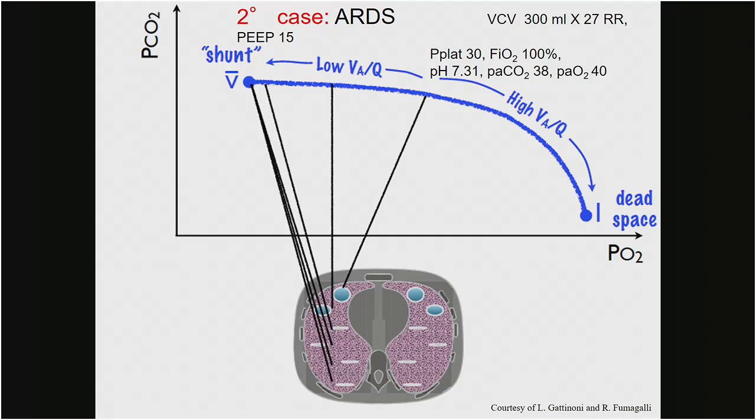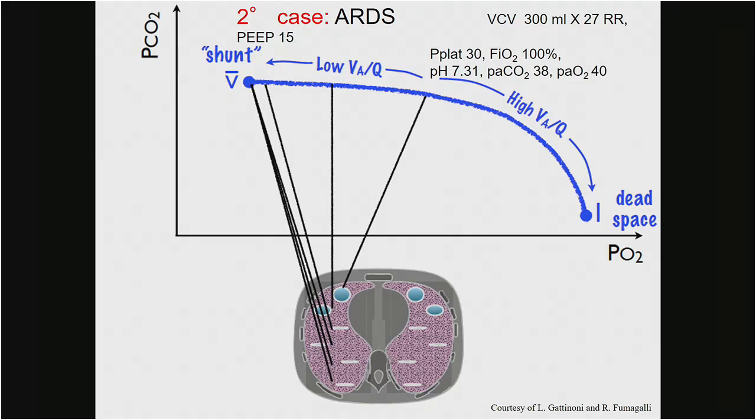As we can see here in this cartoon, a major part of the lung is really collapsed. You see the alveolar units are really small. And so there is a lot of shunt, as you can see projected on the curve of the VQ matching, and so it's very difficult to provide good oxygenation.